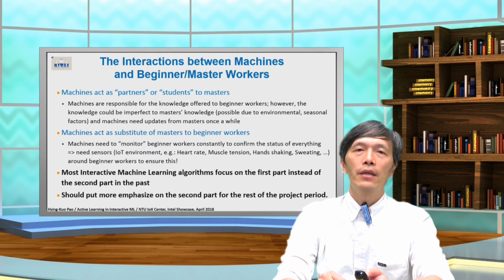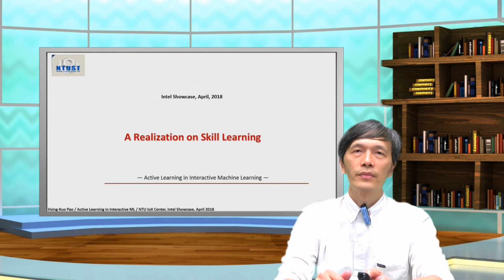In this framework, the machine will act as a partner or student to masters. But what we want to focus on more is that the machine can also be considered a substitute for the master, or a teacher to the novice.